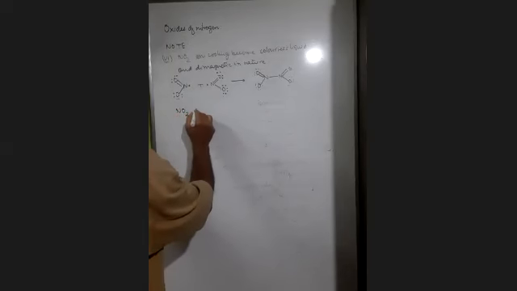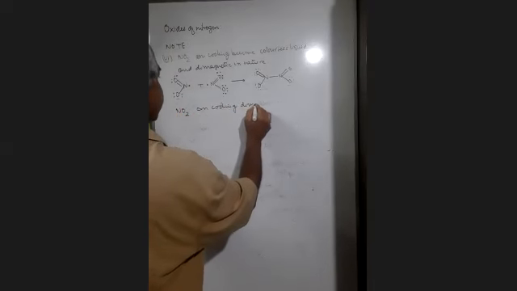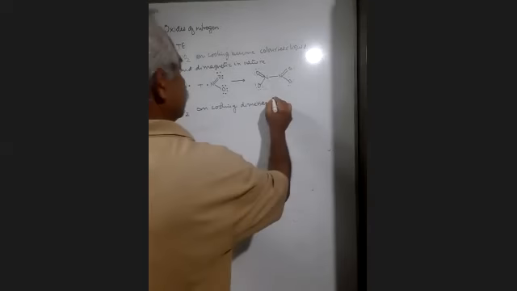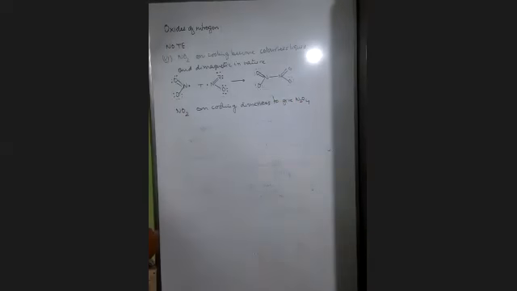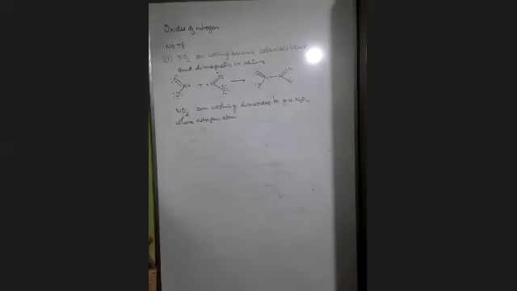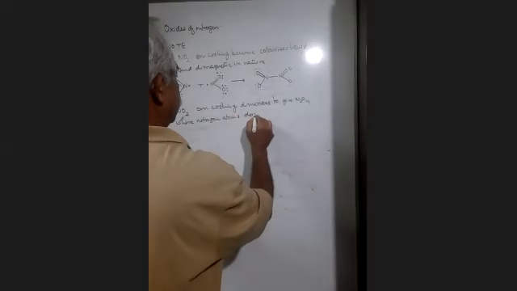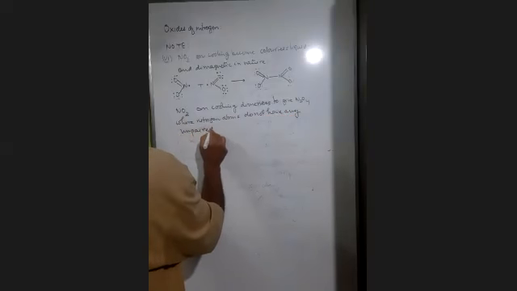Nitrogen dioxide on cooling dimerizes. Dimerize means two units join, to give N2O4, where nitrogen atoms do not have any unpaired electron.